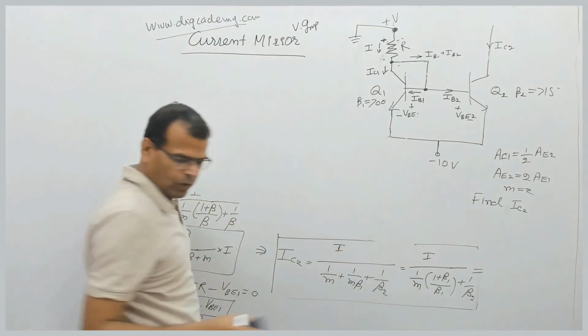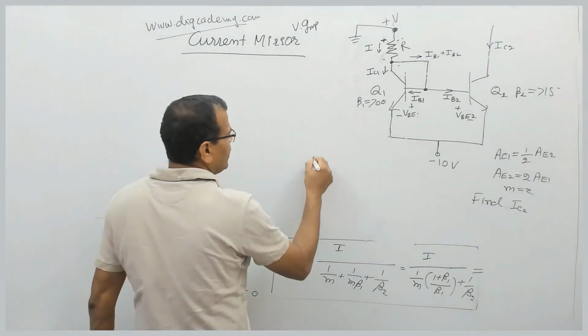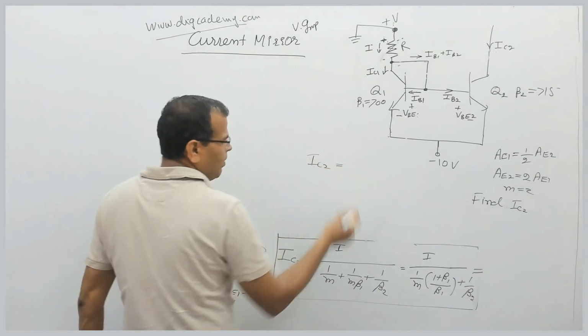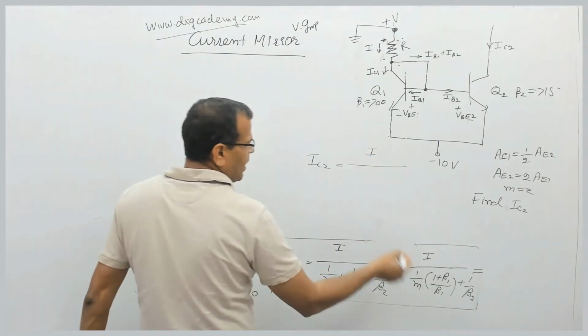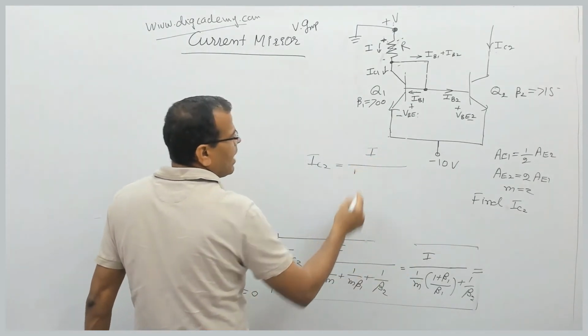IC2 will be current I divided by 1 upon M. M is given to you.